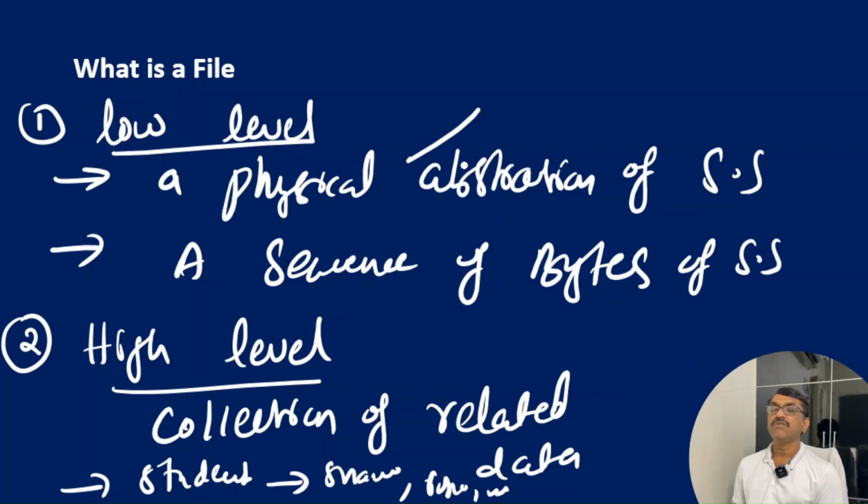You can give either of these definitions at low level. The definition of a file at high level is used rarely, but for low level you can give the definition as a physical abstraction of secondary storage or a sequence of bytes of secondary storage.